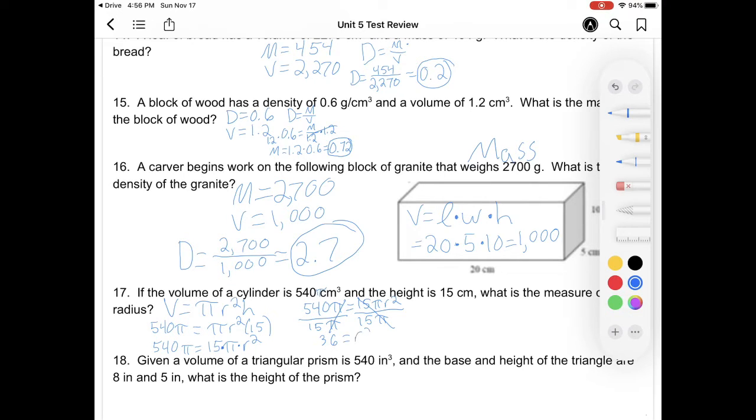And we're left with, on the right side, r squared. To get r by itself, you gotta square root it. The square root of 36 is 6. And r squared square rooted cancels the square, so we just get r. So our radius equals 6.